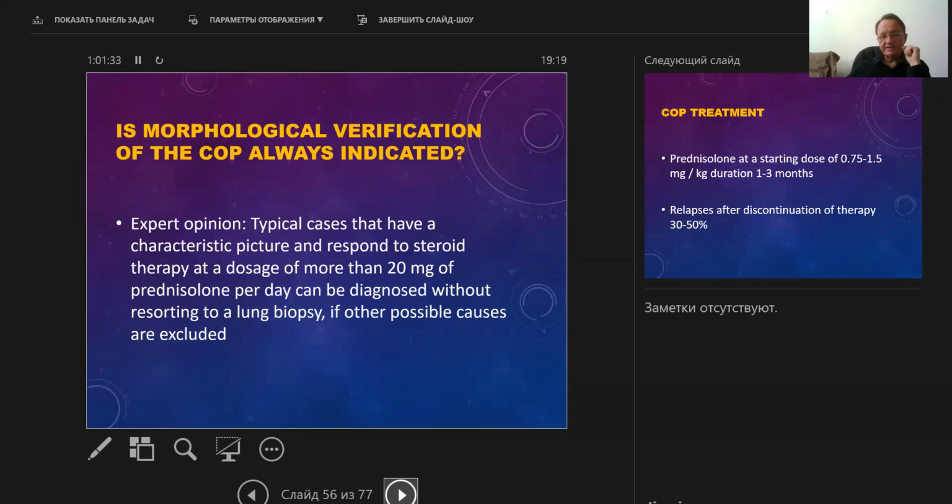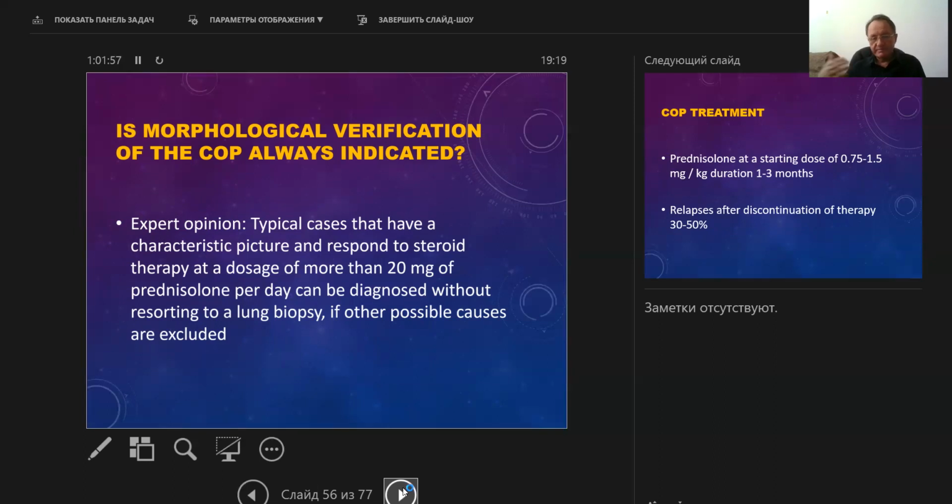In expert opinion, typical cases that have a characteristic picture and respond to steroid therapy at a dosage of more than 20 milligrams of prednisolone per day can be diagnosed without resorting to a lung biopsy, if other possible causes are excluded.